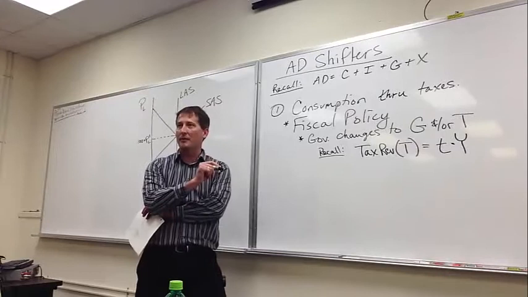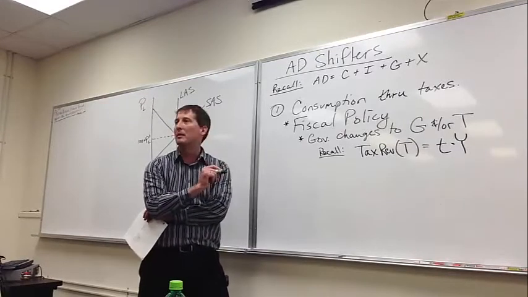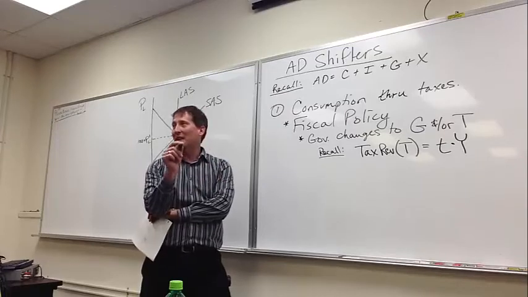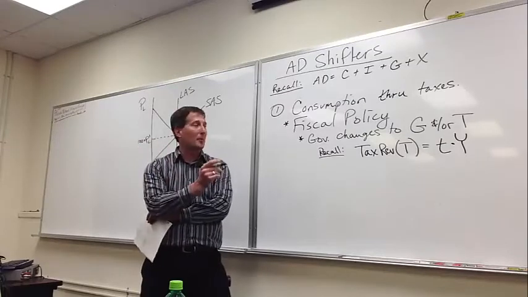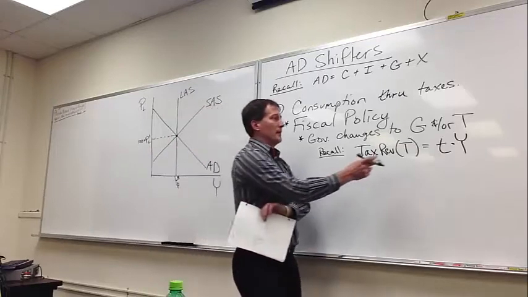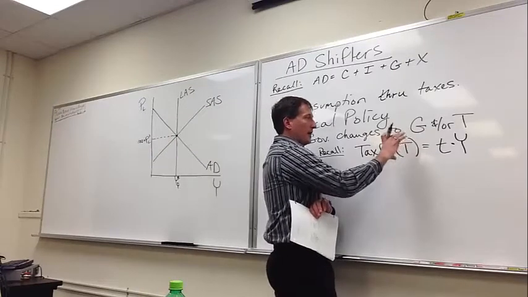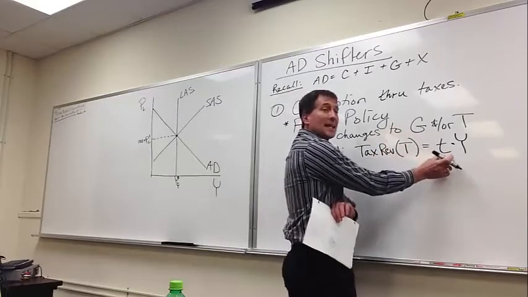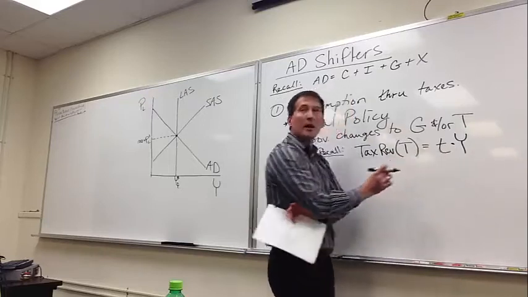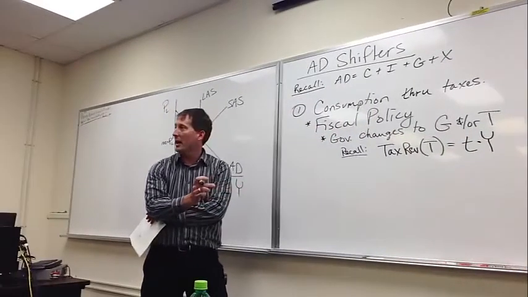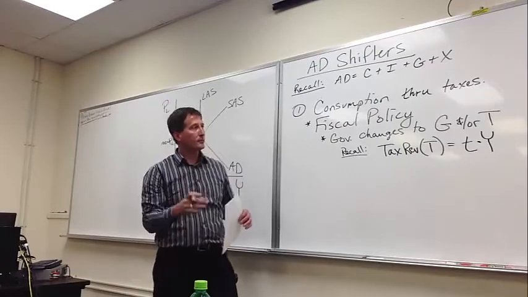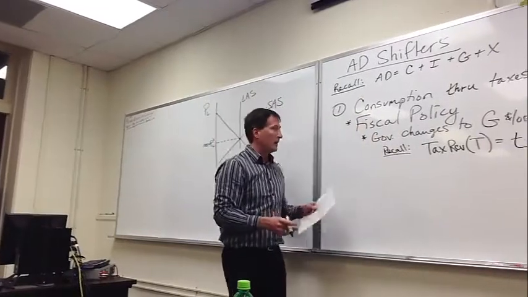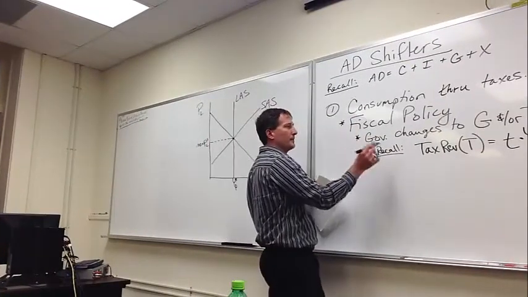We did this equation before, a while back, and we're going to keep working on it the rest of the semester, so that's why a little repetition here. From a formula standpoint, the amount of tax revenue that the government collects from income is simply a tax rate times the amount of income. Is everybody clear on that? Okay, so the fiscal policy change here can be a change in the tax rate.